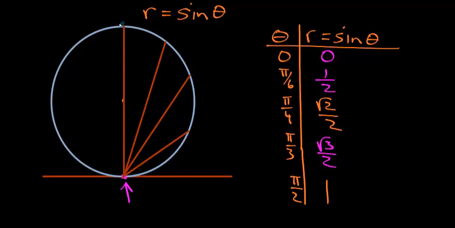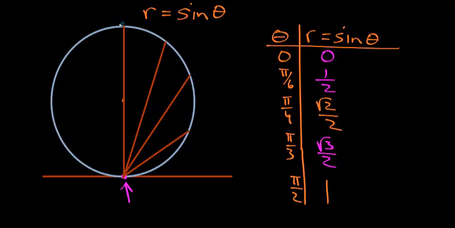If we continued this, and I went to the next ones, like 2 pi over 3, 3 pi over 4, 5 pi over 6, and then finally pi, what I would get is this circle. It traces out a circle is what happens.